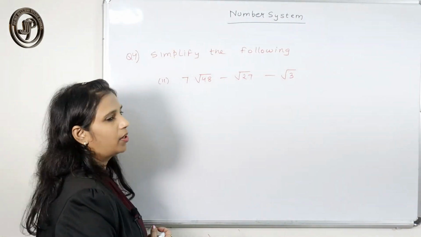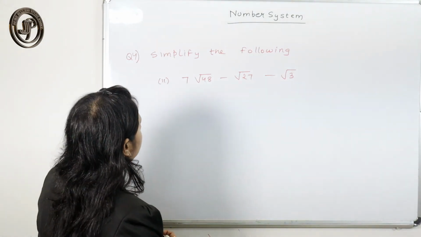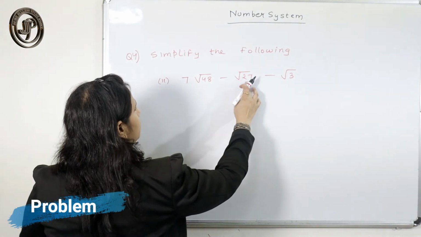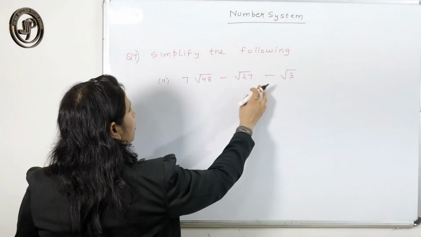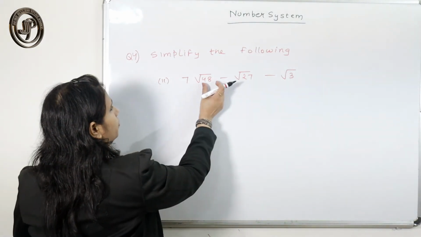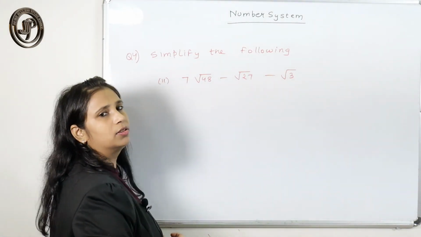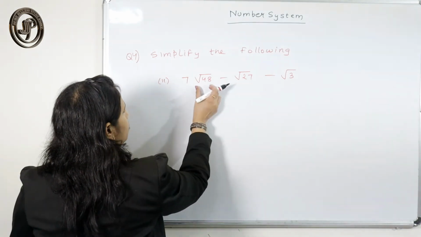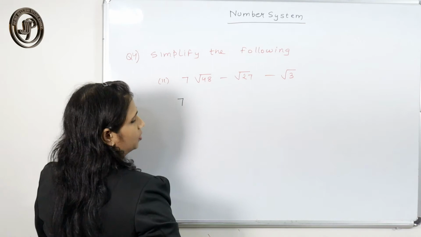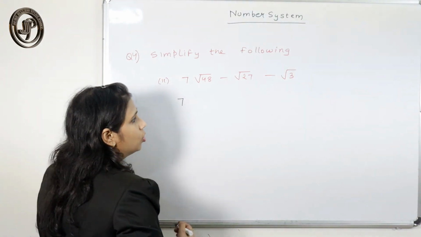You have to simplify this. How can we do this? Since this is the least number out of those mentioned here, this surd is already in simplified form, so you first have to simplify the other surds. How can we simplify this? What can we write for 48?